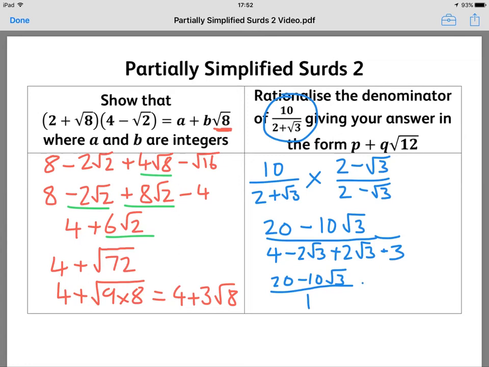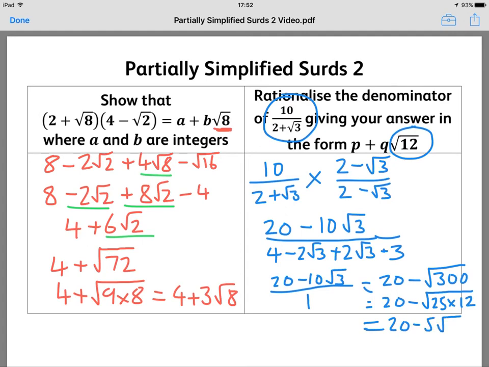Okay, we want this in root 12s, so I've got 10, put that under the square root and I get root 300, and root 300 is, and I'm desperately running out of room now, it's 25 times 12, and so therefore 20 minus 5 root 12.